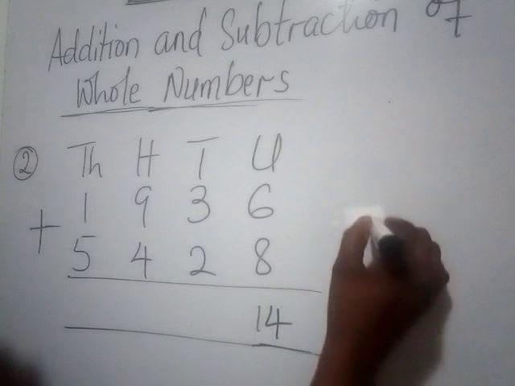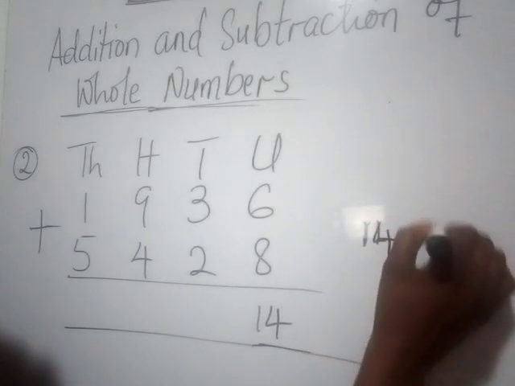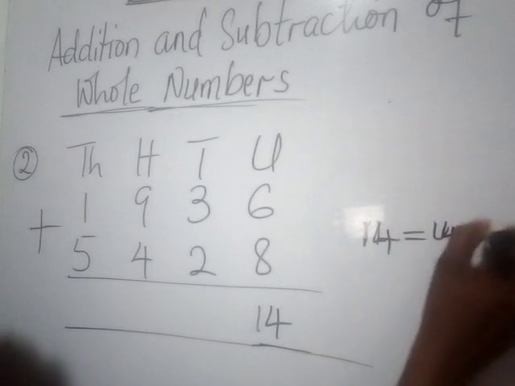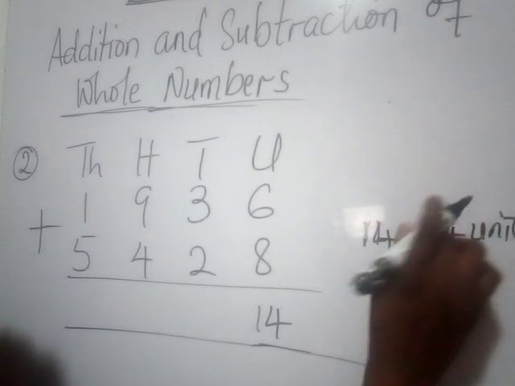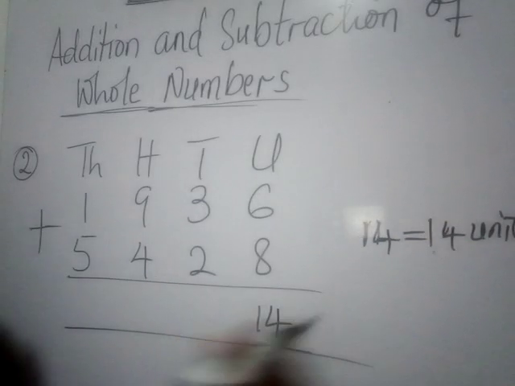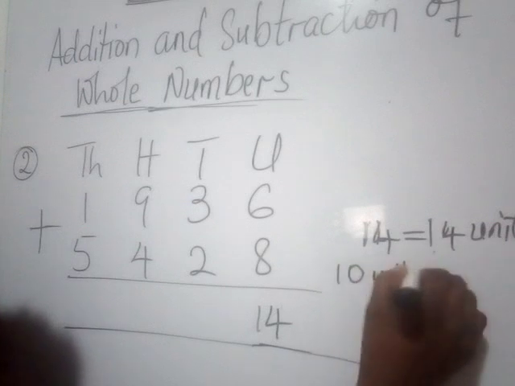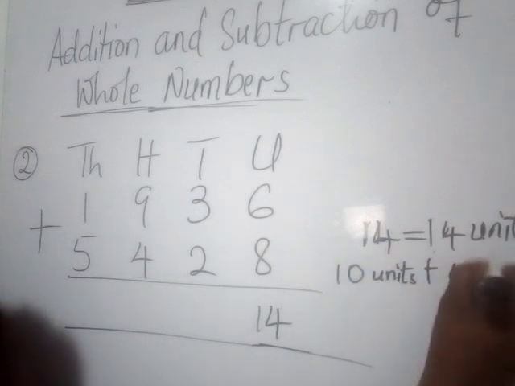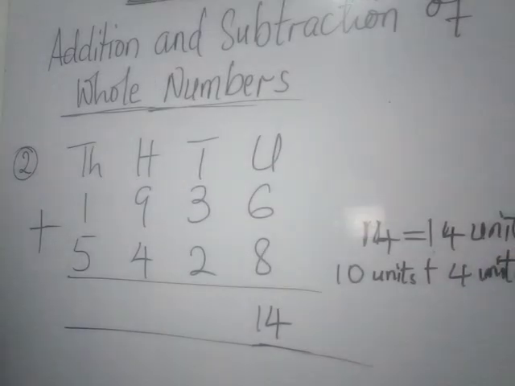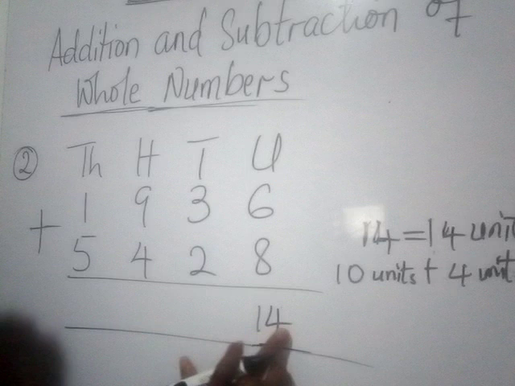Because this unit column that you see right now represents 14 units. But we can't have 14 units here, so what do we do? This 14 units is the same as 10 units plus 4 units, right? So we can only keep the 4 units because it's a single digit.